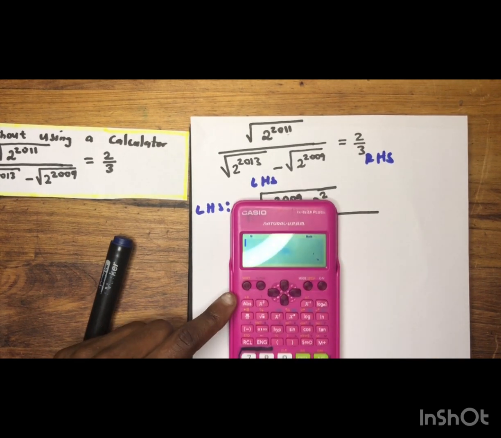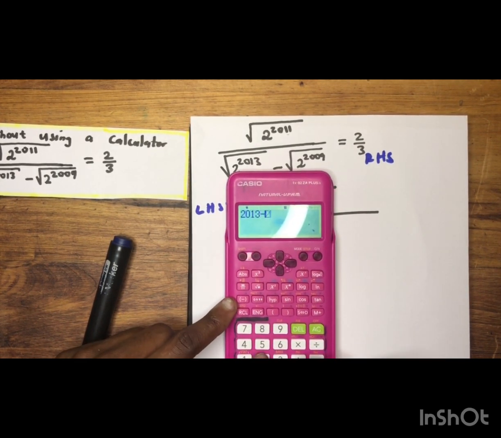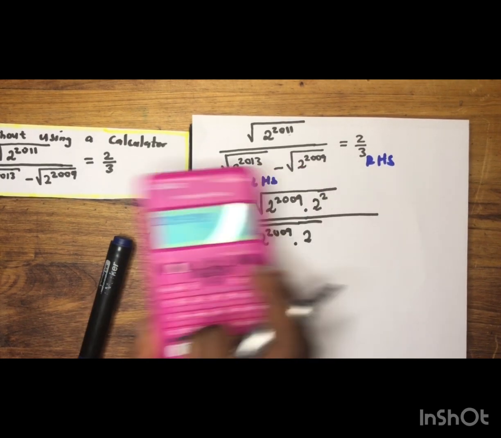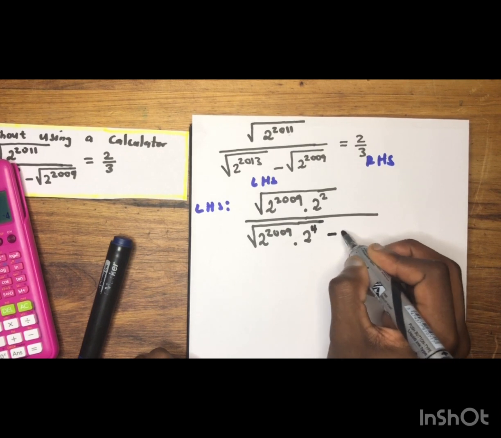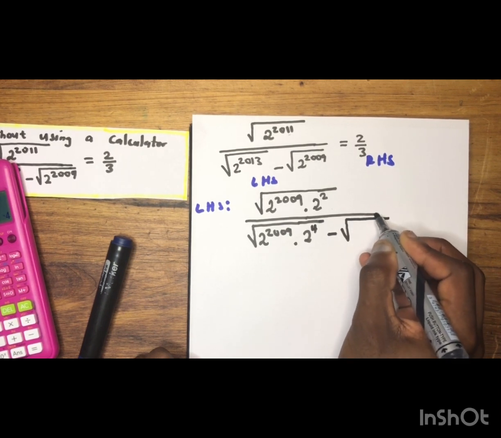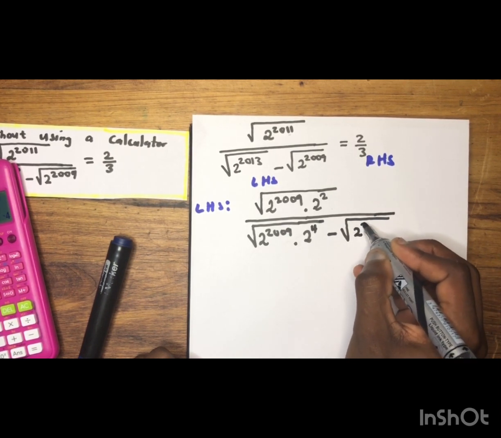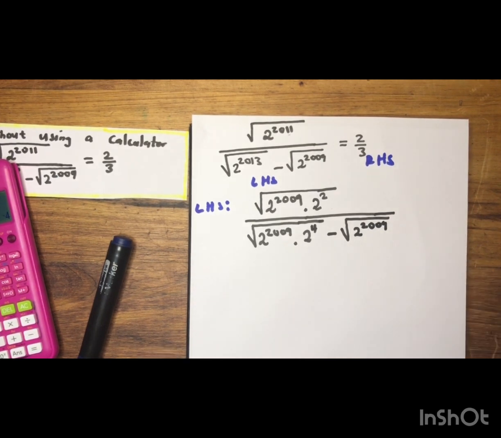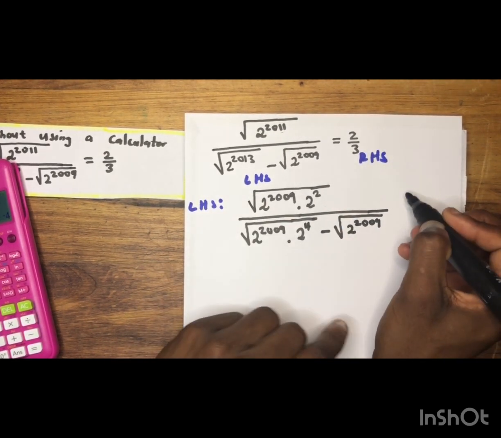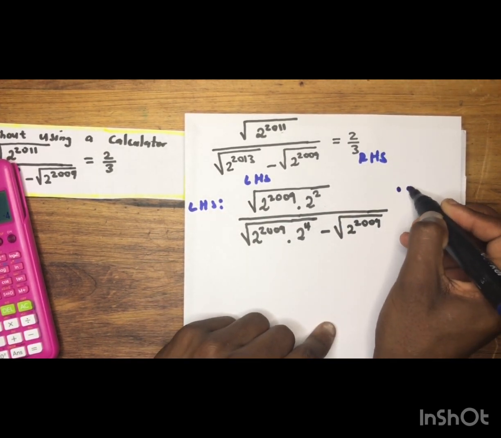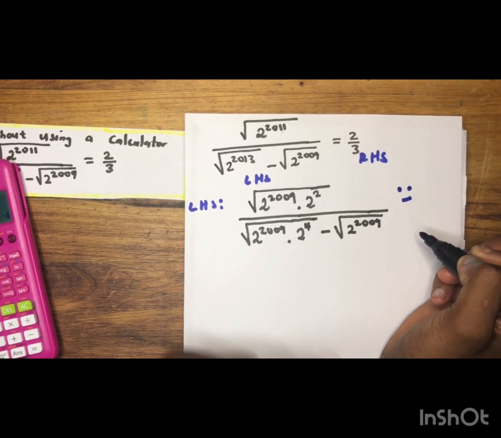So you can verify that 2013 minus 209, we get 4, right? So we're going to put 4 here minus the root here of 2 to 209. Yes. Now, maybe when you reach this step, you can be confused. What must I do now?